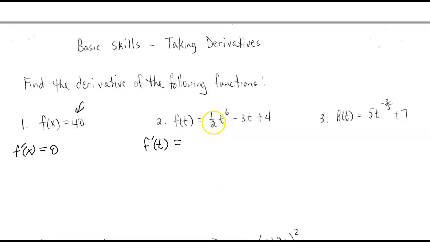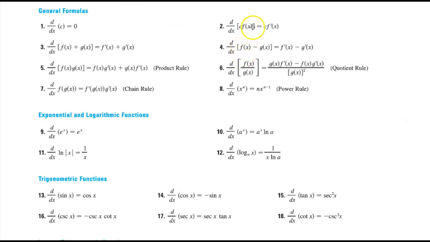Also notice that for the first term here, I have a 1/2 multiplied by t raised to the 6. And for the second term, I have a 3 being multiplied times the t. And if we look back here, we see that rule number 2 basically tells us that I can ignore those constants and take the derivative of the root function.